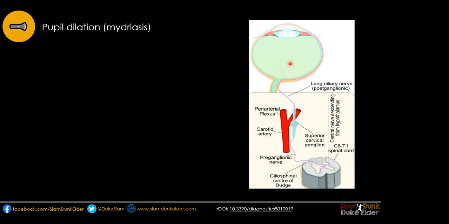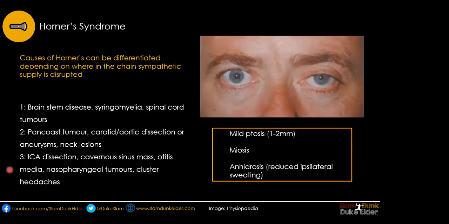And then our third order neuron, so we said that travels up past the internal carotid artery into the skull and cavernous sinus. So internal carotid artery dissection can affect the neuron. Any mass within the cavernous sinus, and we'll go through the anatomy in a little while, can interrupt the supply. It could be a tumour, it could be a granuloma, it could be an aneurysm. Otitis media: there have also been case reports that an infection of your middle ear can interrupt the sympathetic nerve supply.